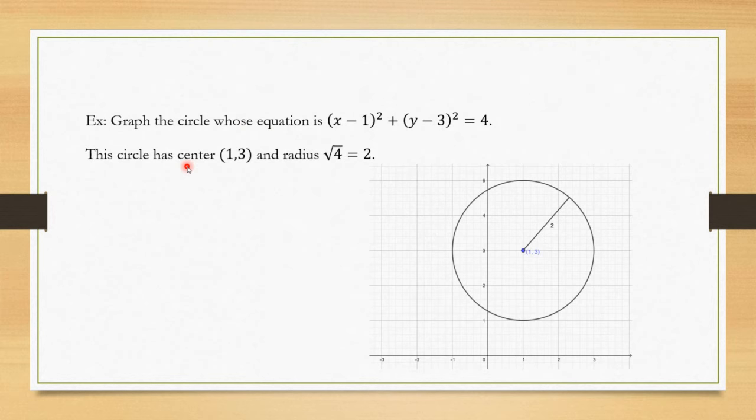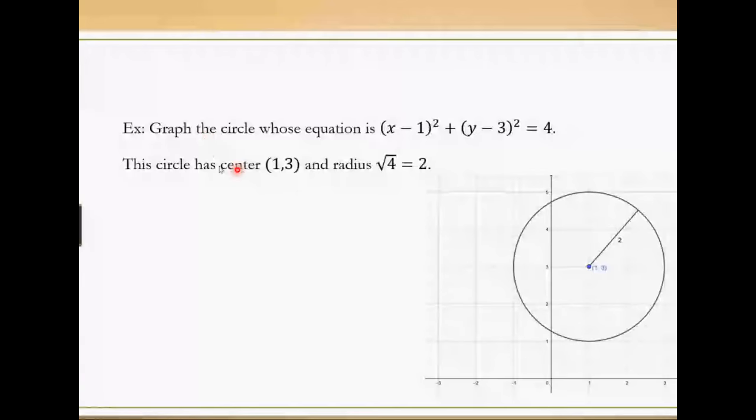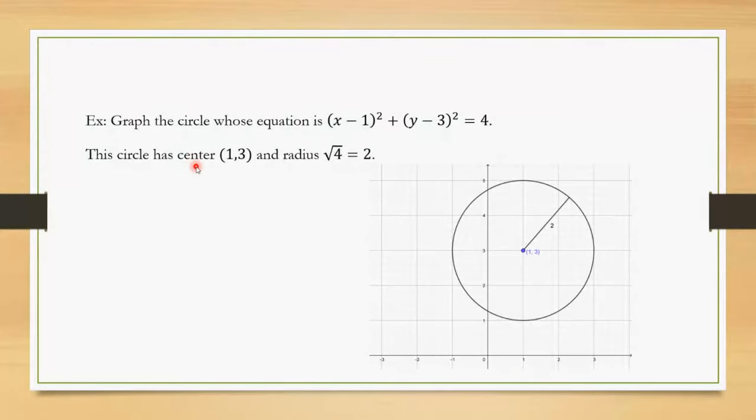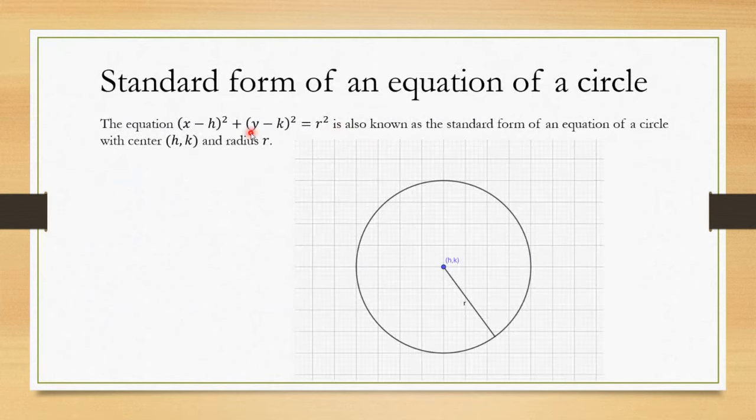So here's an example. If we were to graph the circle that is the graph of this equation, well, if you were to look at this and compare it to the standard form, here's the form: (x minus h) squared plus (y minus k) squared. (h, k) is the center.